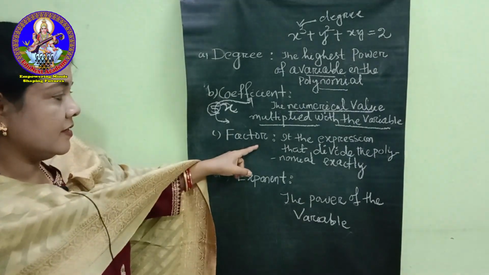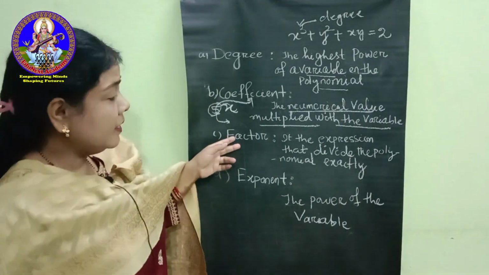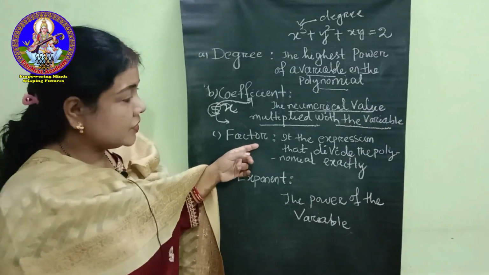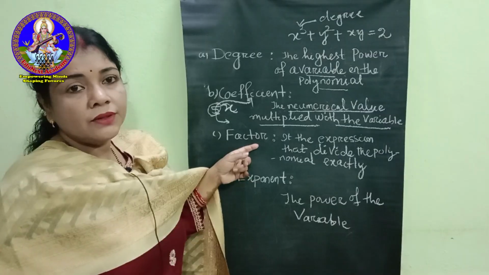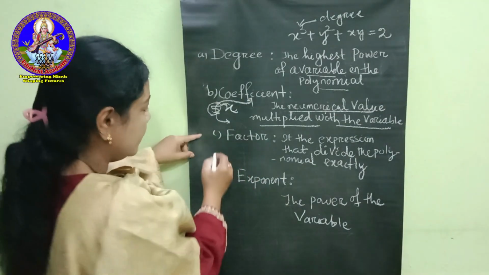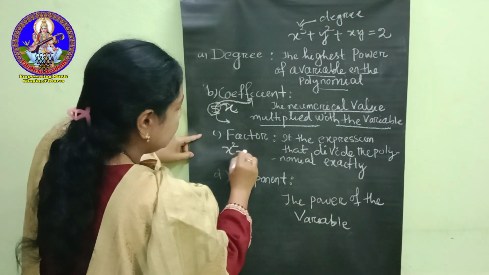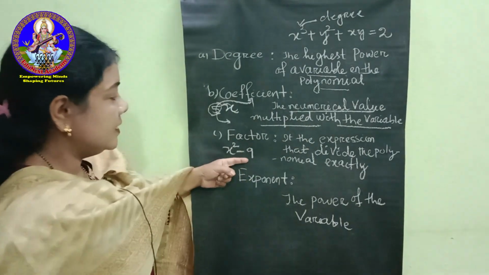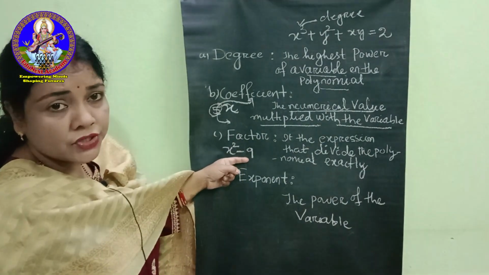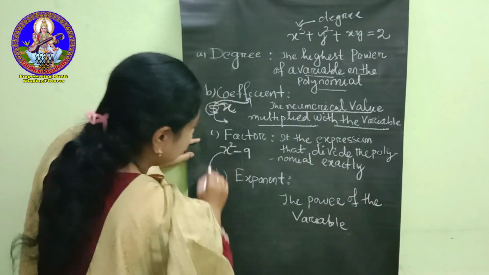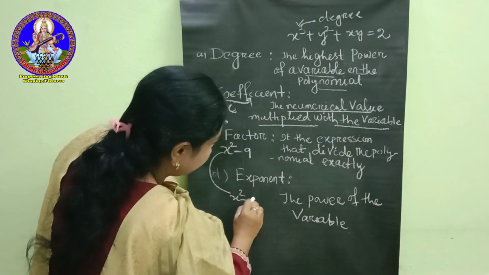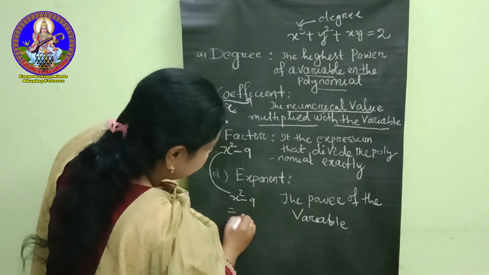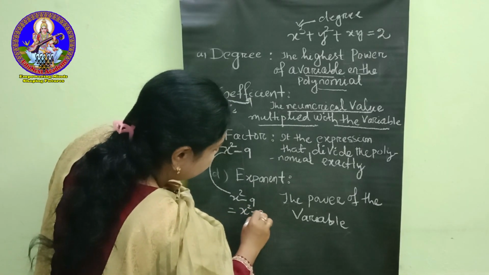Again come to factor. Factor is a very important thing. It is a mathematical expression that is multiplied together to form a polynomial. For example, x square minus 9. This can be written as x square minus 3 square.